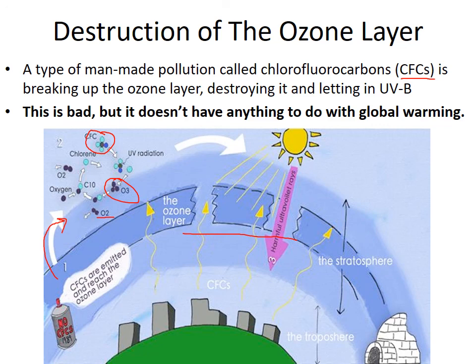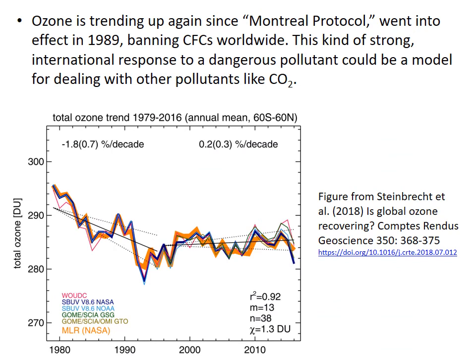So the positive thing about this ozone story is that we recognized pretty early on what chemicals it was that were causing the destruction of the ozone layer. And when we recognized that these chemicals were destroying the ozone layer in the 1980s, we actually came up with an international ban on these CFC chemicals in 1989.